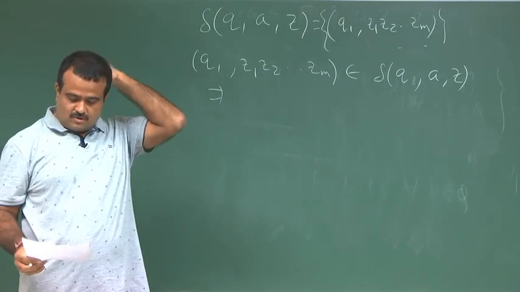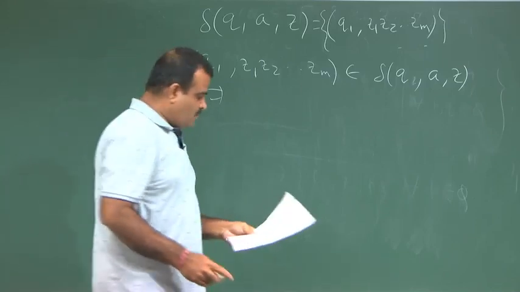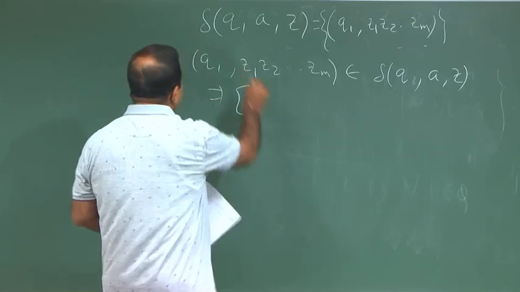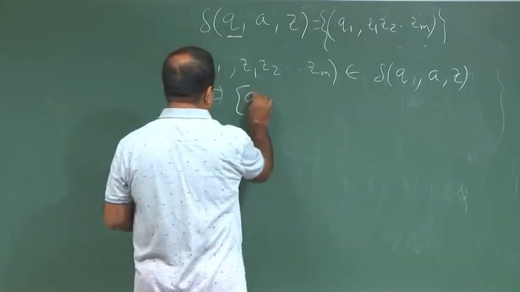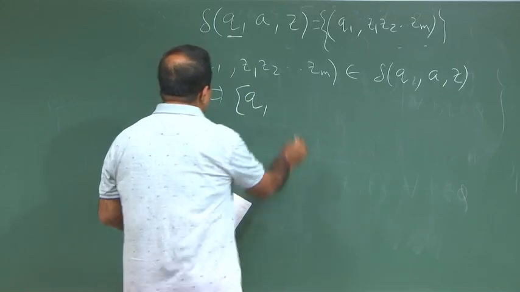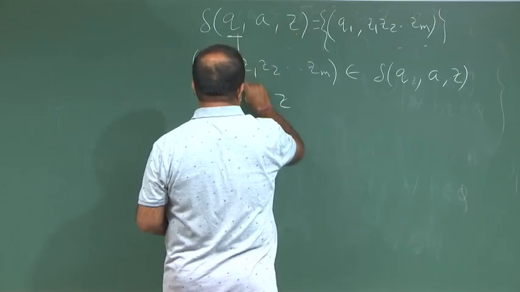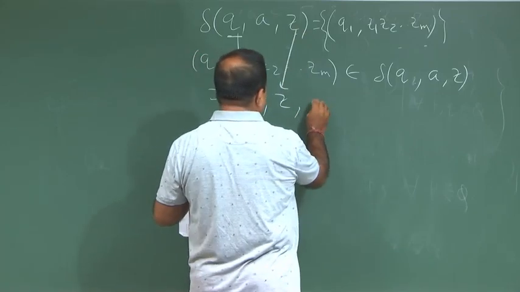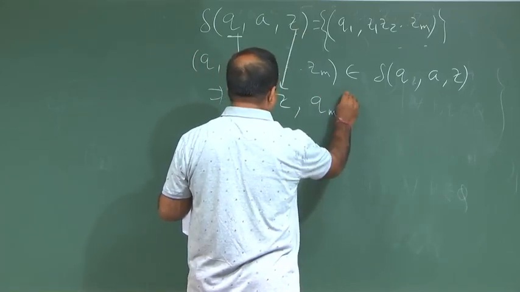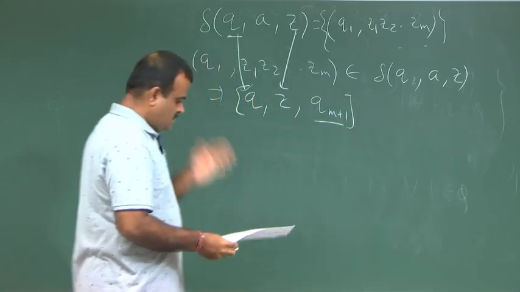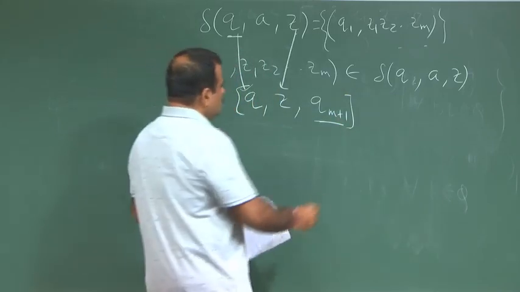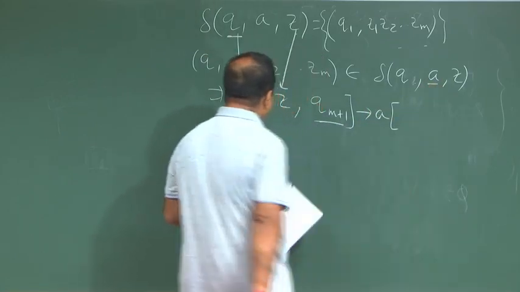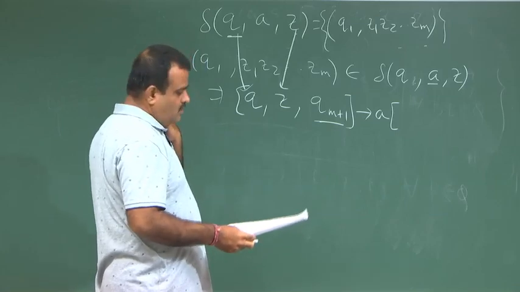So what productions will it yield? It will yield productions like this. This Q we are fixing, and this Z we are fixing, and now we have a choice of Q m plus 1, any state. This goes to A, this A along with Q 1.